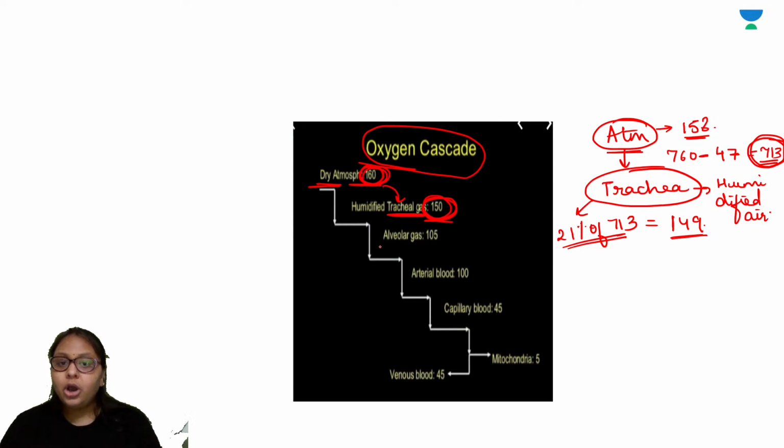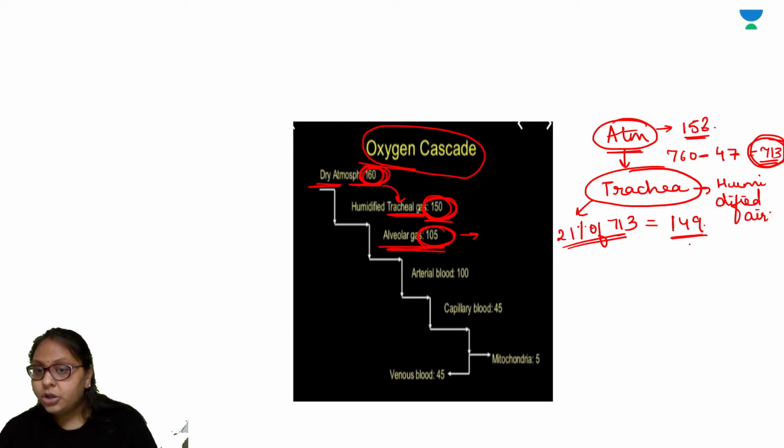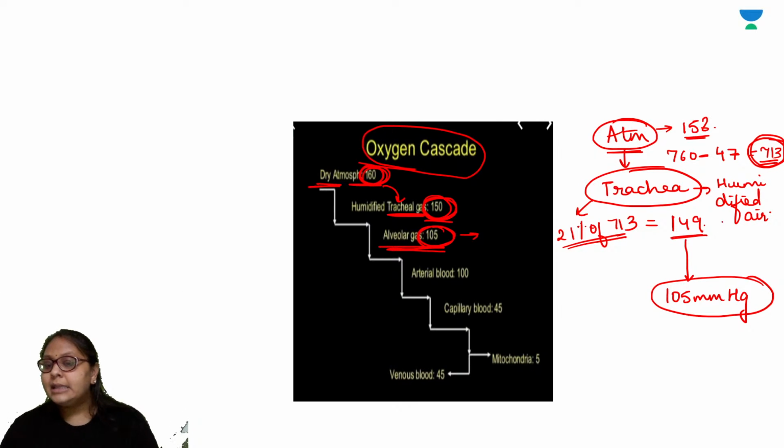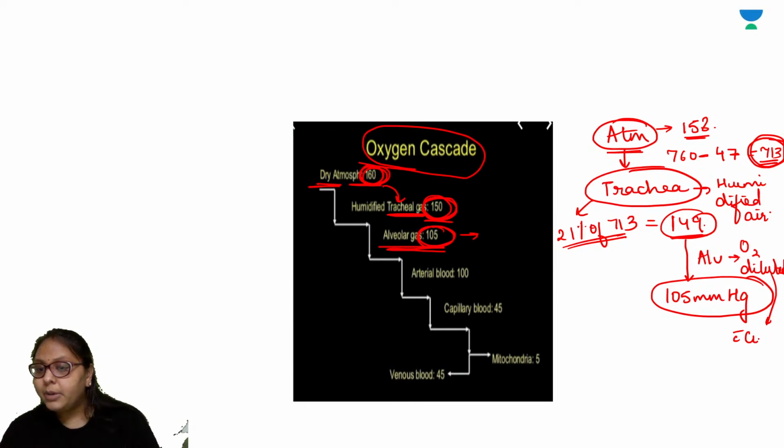Is it clear? Now alveolar gas में, ठीक है, alveoli के लेवल पे हम देखते हैं कि ऑक्सीजन का टेंशन इज ओनली 105. Now from 149 it is coming down to 105 millimeters of mercury. Why is it so? That is because alveoli के अंदर the oxygen is diluted with carbon dioxide.